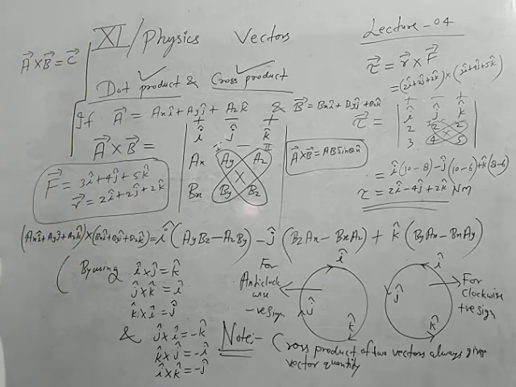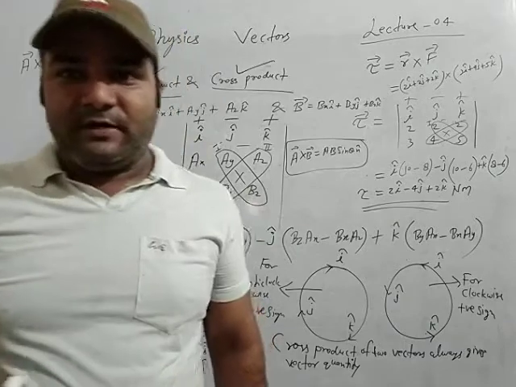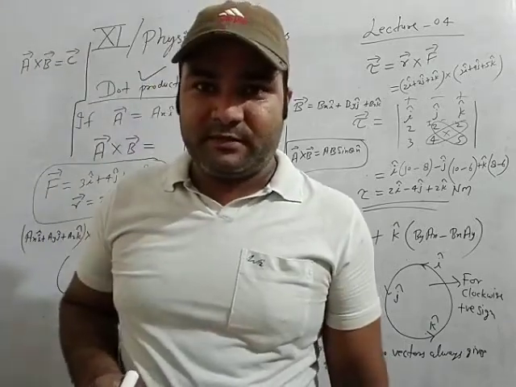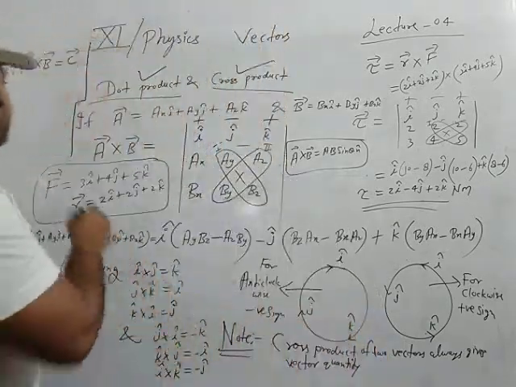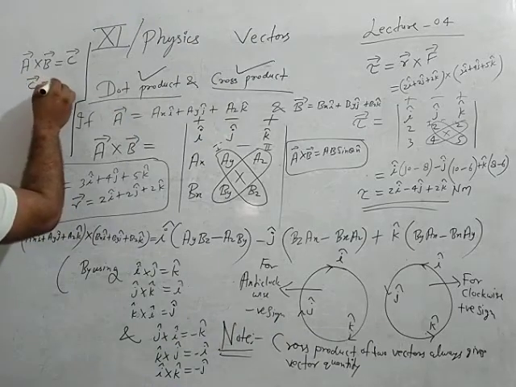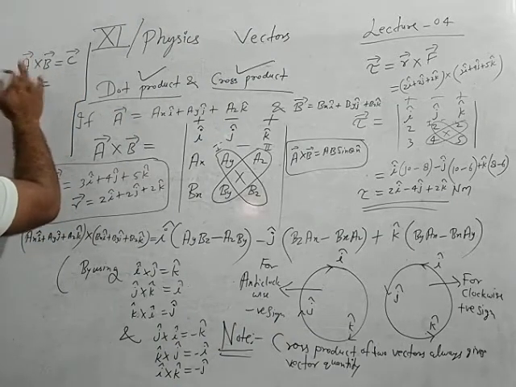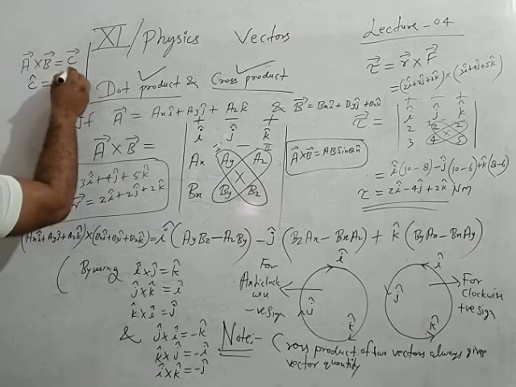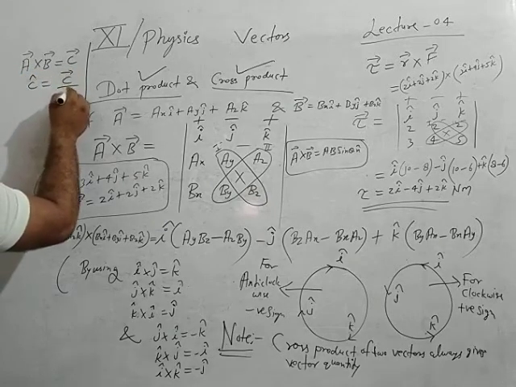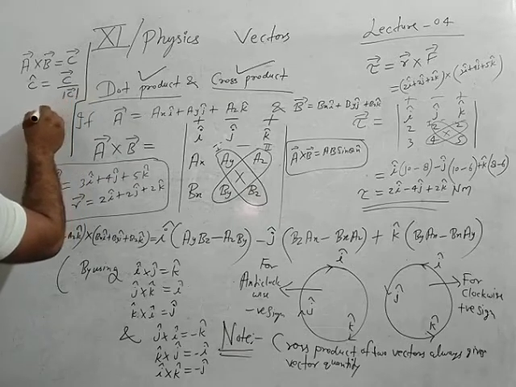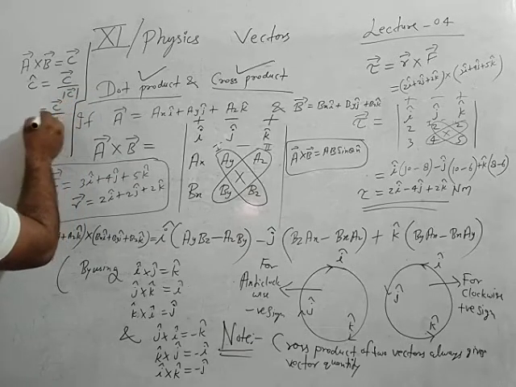Then how do we obtain the unit vector C? Very simple: unit vector C cap is equal to vector C upon mod of vector C, that is vector C upon C.